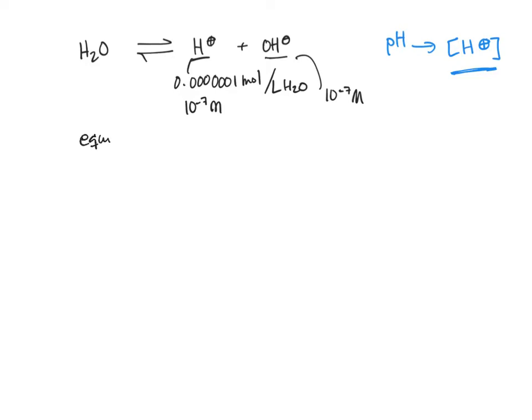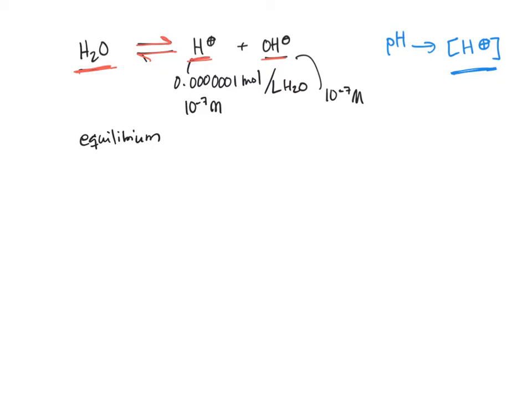Equilibrium is when the reactants here, water, and the products, protons and hydroxide ions, are stable over time. The concentrations of the products and the reactants are stable over time. These two arrows are equal in size, so there's no change in the two sides of the reaction over time.